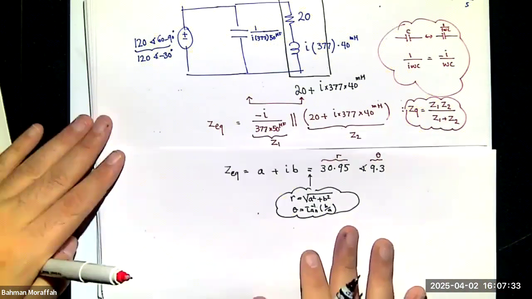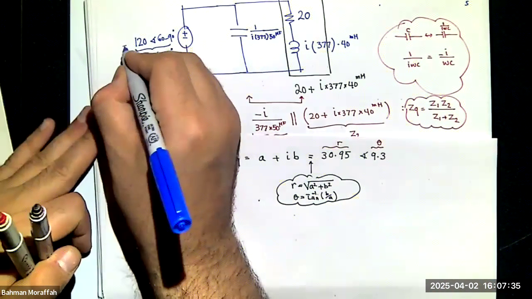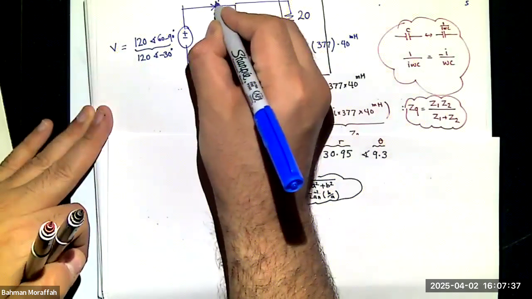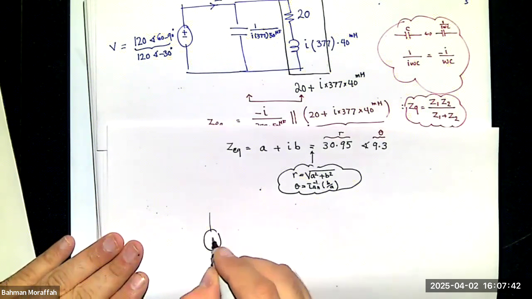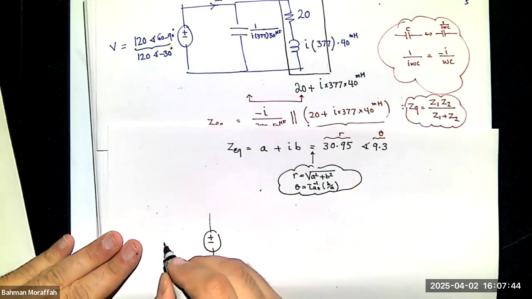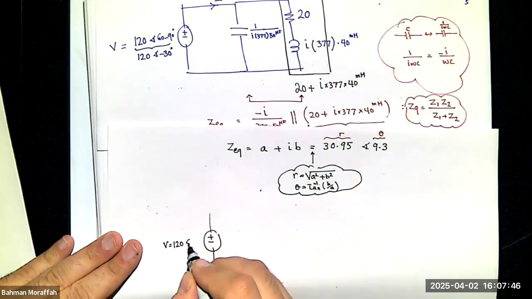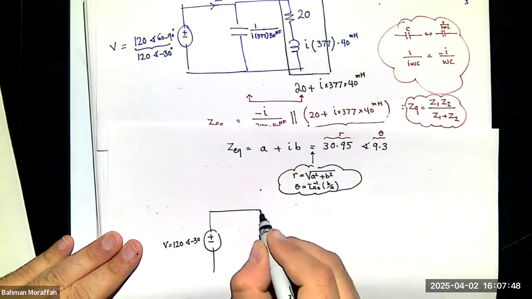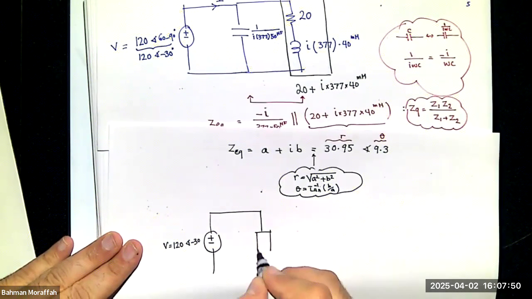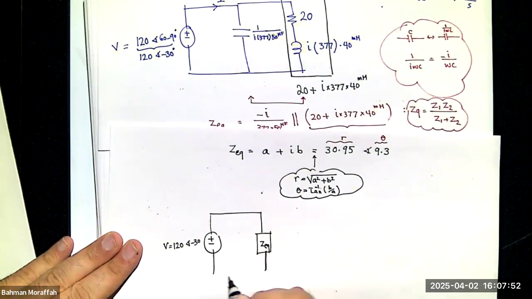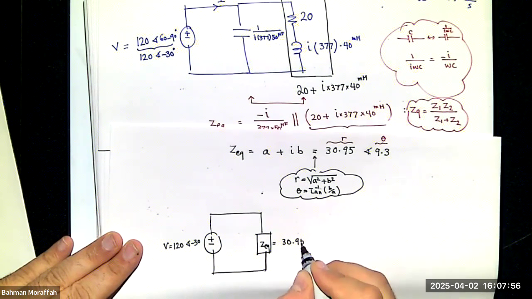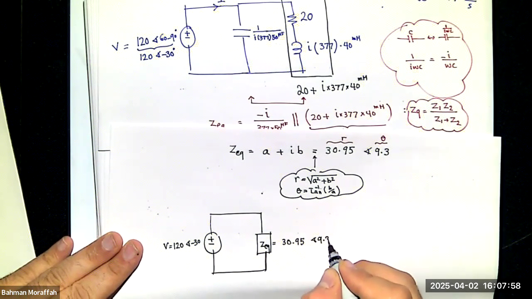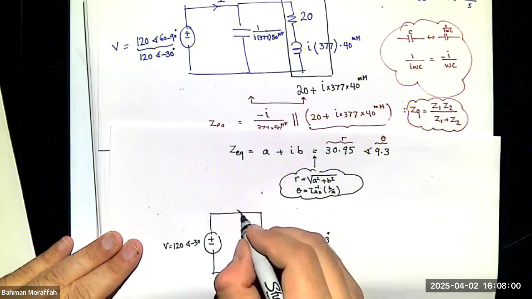So what do I have? Let's call this V. This is I. What I end up getting is a circuit that looks like this. V equals 120 with angle minus 30. This is my Z equivalent, which I know is 30.95 with angle 9.3 degrees.